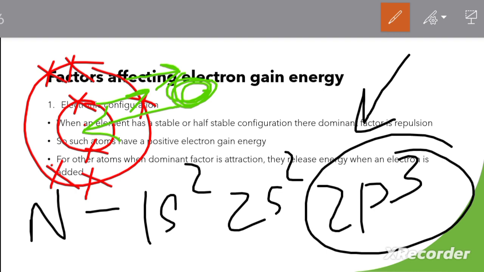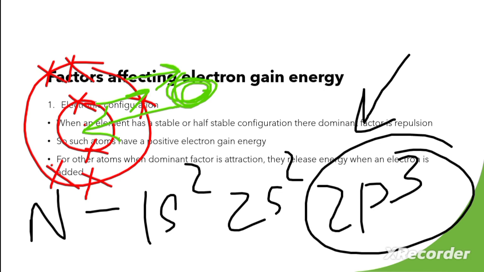So energy should be supplied for atoms that have stable configurations. When an atom has a stable configuration, we should supply energy for it to take an electron, for example nitrogen, right?